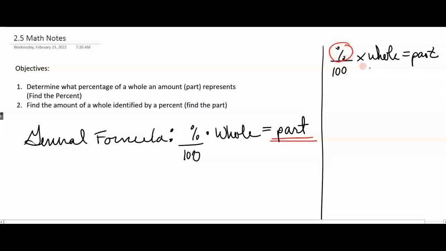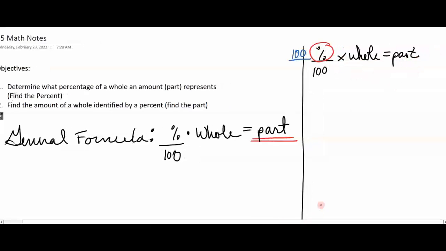Then I need to multiply times the reciprocal of its coefficient, or in other words, I'm going to multiply times 100, so my 100s cancel. If I multiply times 100 on the left, I have to multiply times 100 on the right. And then I also need to divide by the whole in order to get the percent by itself.